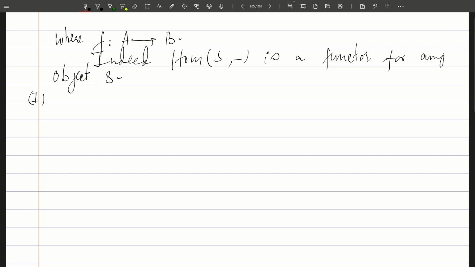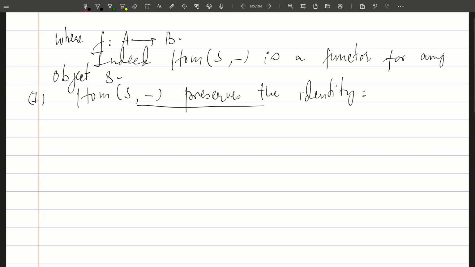So Hom(S, -) preserves the identities. Let us check what will happen to the identity morphism.